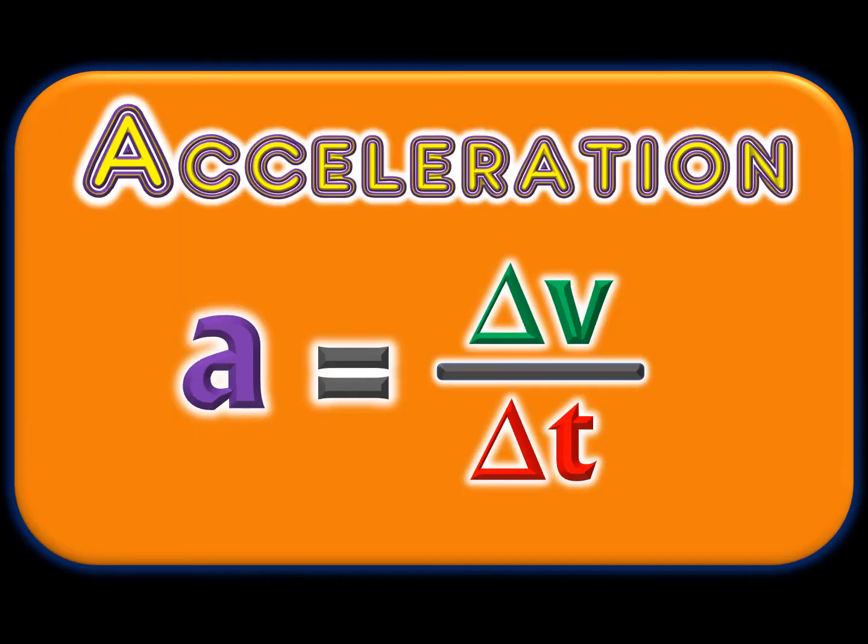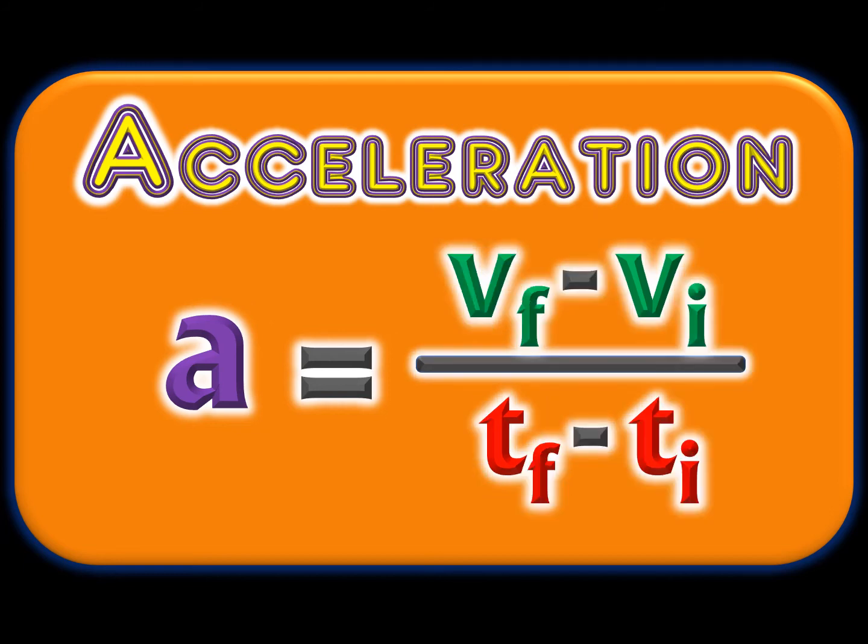Similar to the way that we calculate velocity, we could either put delta v over delta t for acceleration, or we could substitute for delta v and delta t the way that we calculate them. So here's the longer form of the acceleration equation.